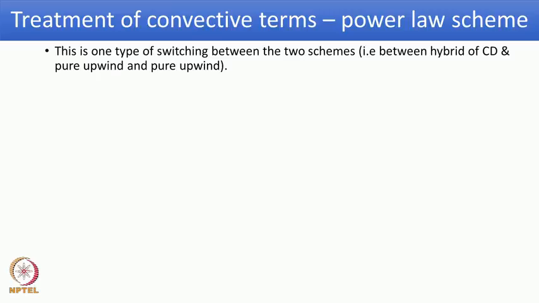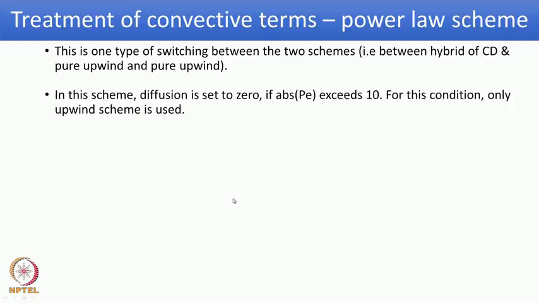So, we have the option: a mix of CD and pure upwinding as one option, or only pure upwinding. This is what is known as the power law scheme, and in this scheme diffusion is set to 0 if the absolute value of the Peclet number exceeds 10.